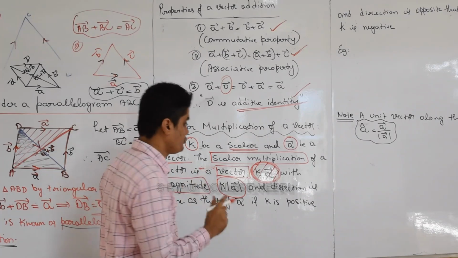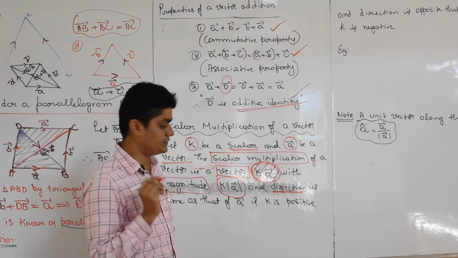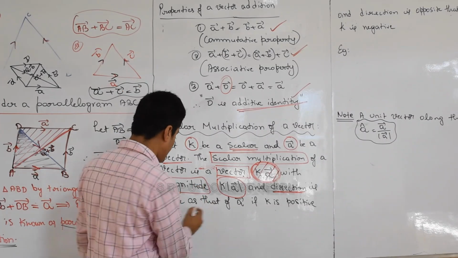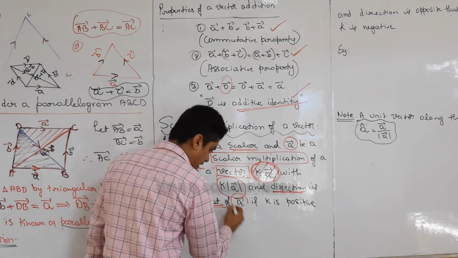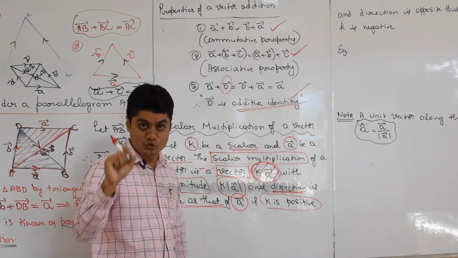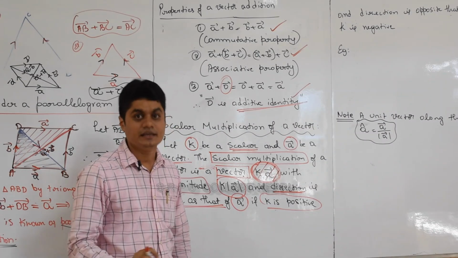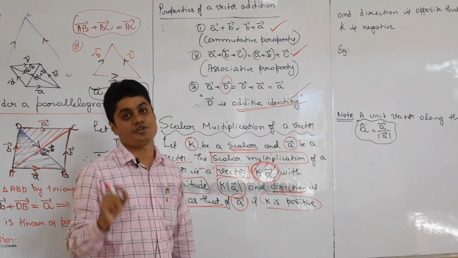Next, you should understand its direction. You should know how the direction changes. Okay, direction is same as that of vector a if k is positive. If you multiply a positive real number to a vector a, there is no change in the direction of vector a.